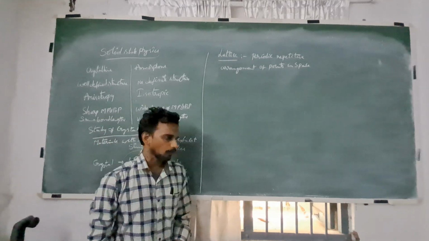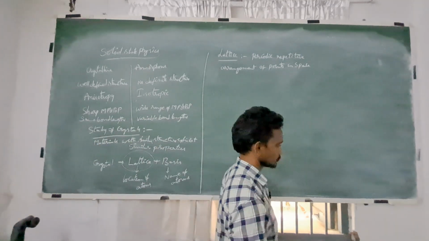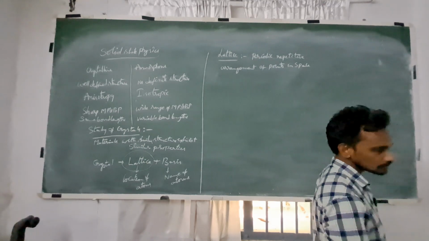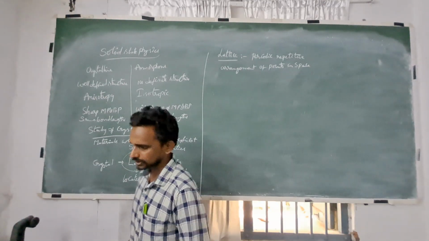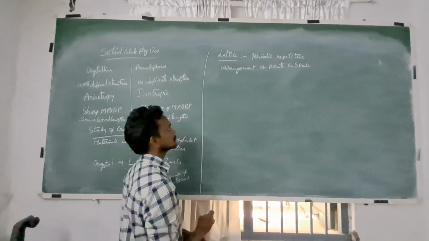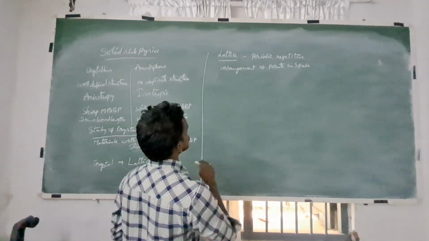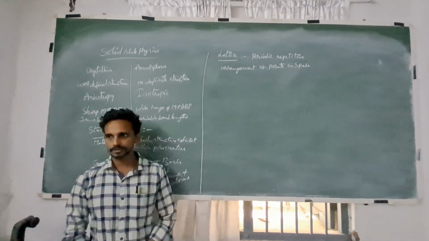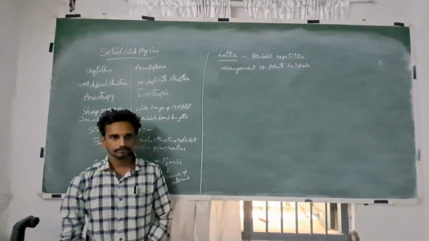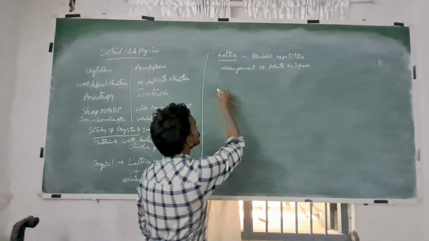So in that, what are the possible structures? I'm considering a two-dimensional space, and I want to see what are the different possible combinations or different possible structures in two dimensions.